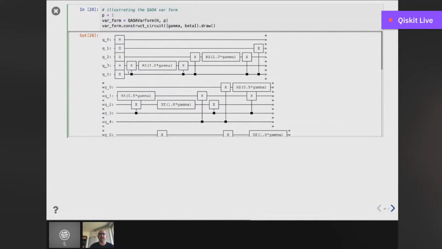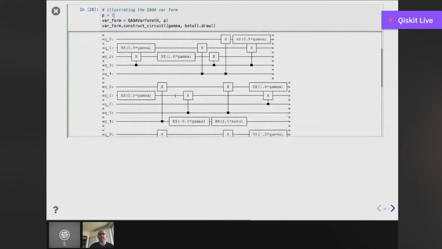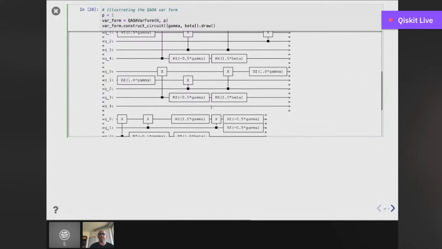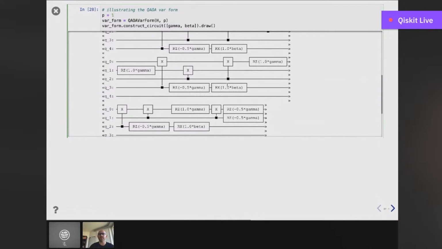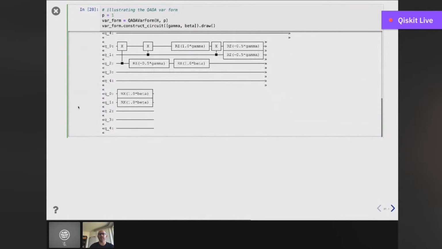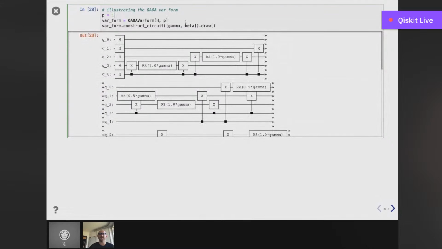This is the RZZ gate that I've shown before. And then we have a few single qubit RZ gates. This is for the linear parts, and then at the end we have these RX rotations for the mixing Hamiltonian. So this is the variational form, and if we do trotterized annealing, you would have to repeat this many times, so 20 times in the example that I've shown.